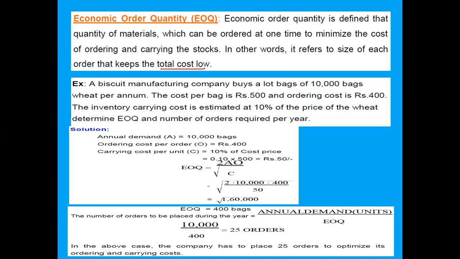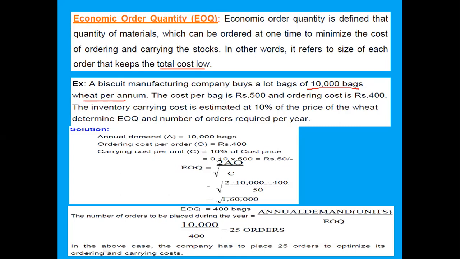Now if you see an example of this EOQ, a biscuit manufacturing company buys 10,000 bags of wheat per annum from a farmer. The cost per bag is 500 rupees.